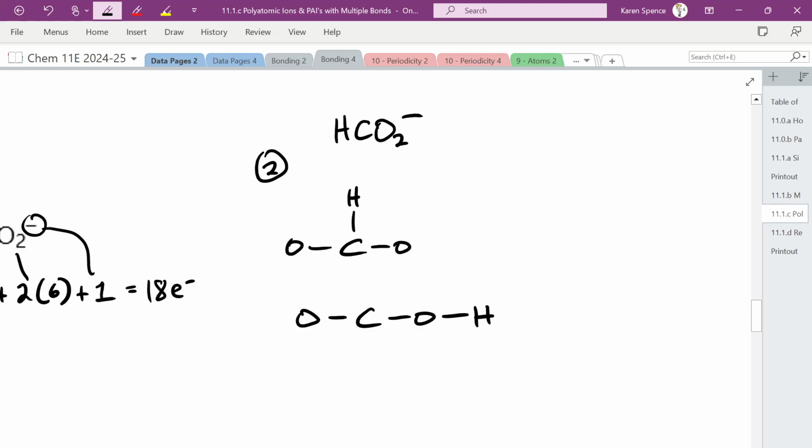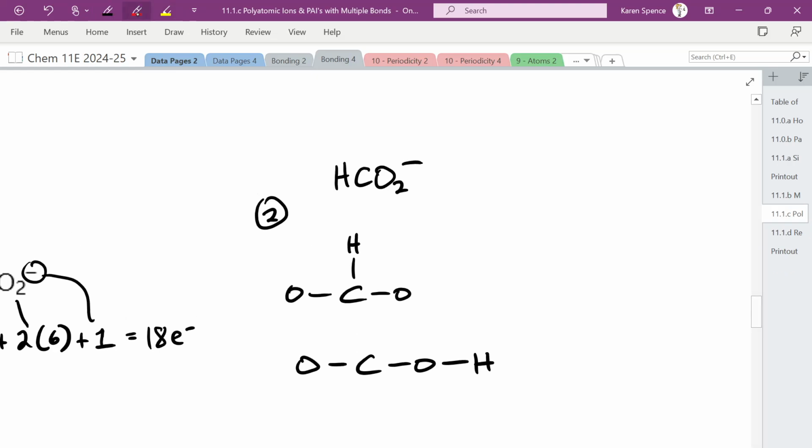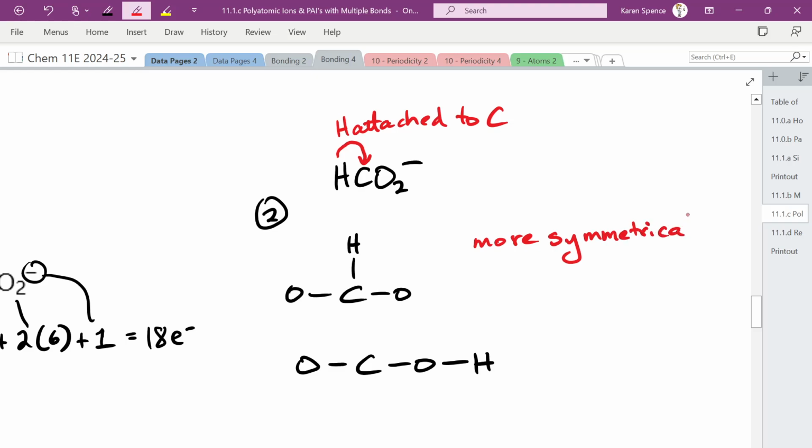What that tells me is that probably the H is attached to the C, because it's touching the C. So that's a good guess. This structure is also more symmetrical, and it also has carbon more central.